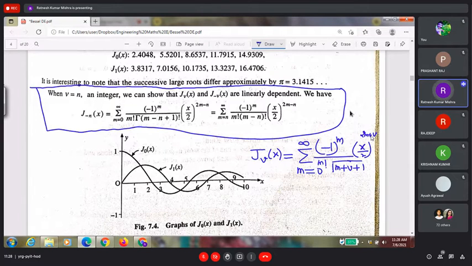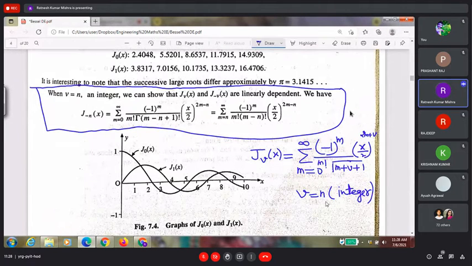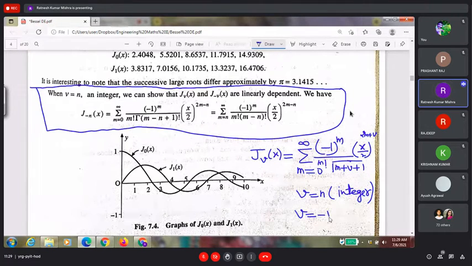Okay, this is the Bessel function. Now in this one substitute v equal to n, which is an integer, and v equal to minus n, so this is also an integer. Substitute करके, when substituting v equal to n, just replace v with n, and v equal to minus n, replace v with minus n. So this is J minus n.